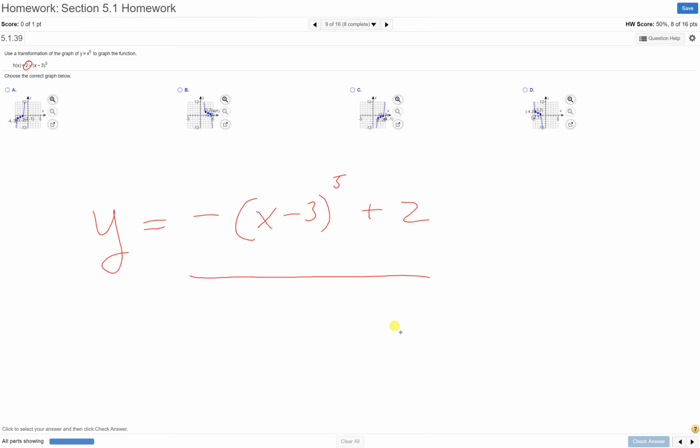And if you guys see, this means it's going up, okay? And the -3 inside means it's going right. And this negative outside, I hope you remember, it's a reflection, a vertical reflection because it's outside. A vertical reflection from here to here is over the x-axis. So we're going to say a vertical reflection.